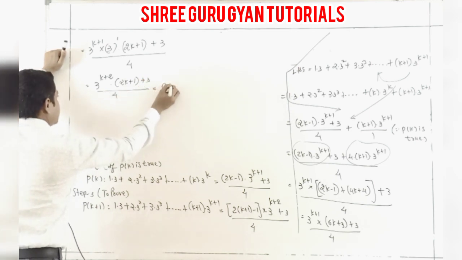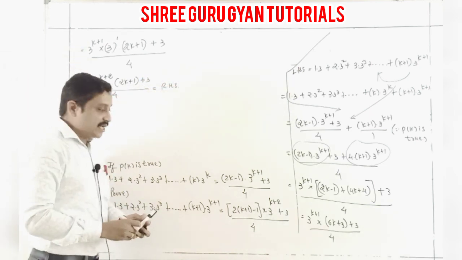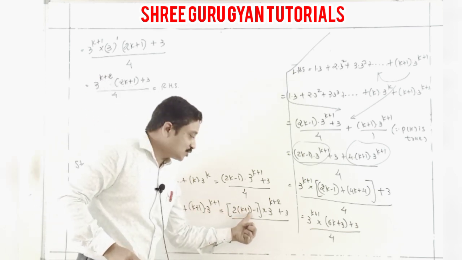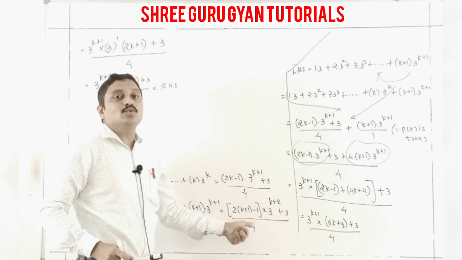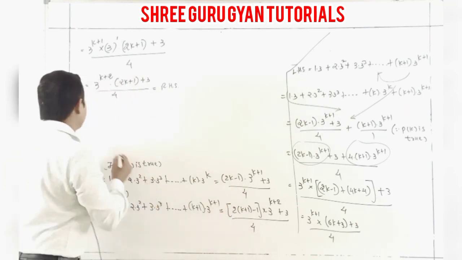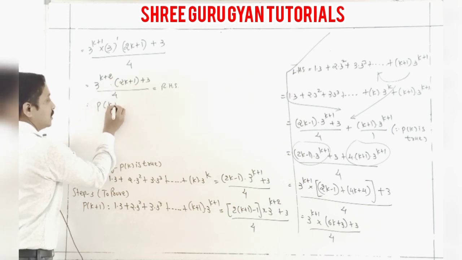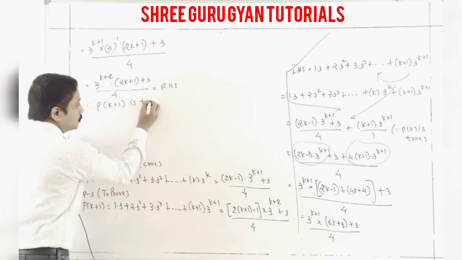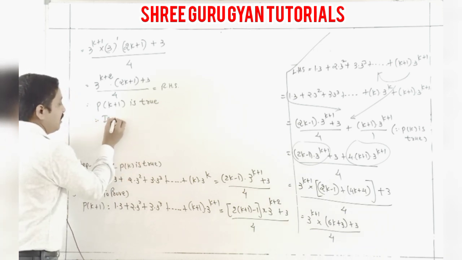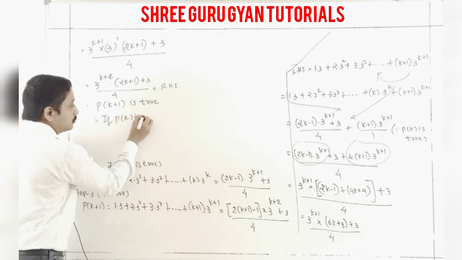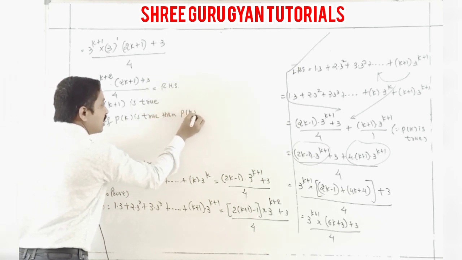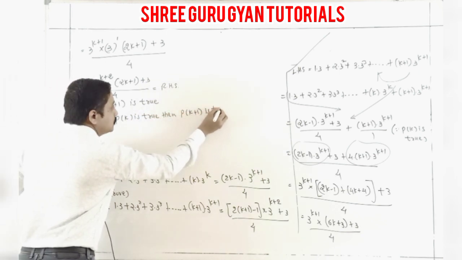Check. That's your RHS. This is how much? 2k plus 2 minus 1, it is 2k plus 1. Yes, the other is the same. So that's why I write P of k plus 1 is true. It means what? If Pk is true, then P of k plus 1 is true.